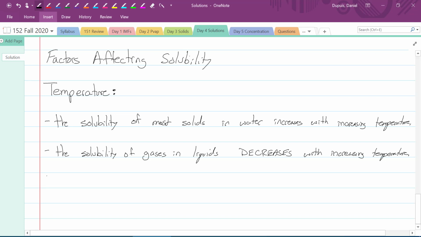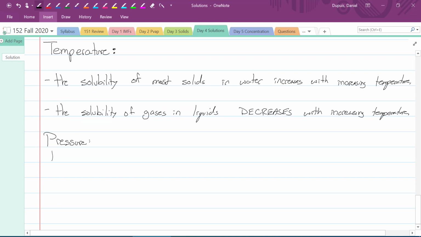The other factor affecting solubility would be pressure. The higher the pressure of a gas over a liquid, the more soluble the gas is in the liquid.